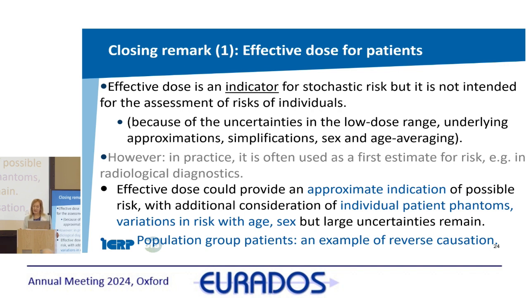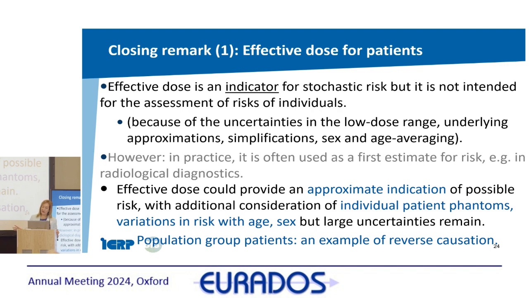The differences in effective dose coefficients that you will notice when you see our results relate only to the differences in the physical size and organ masses of the phantoms and do not address differences in detriment perceived because of the sex and age averaging of the tissue weighting factors.